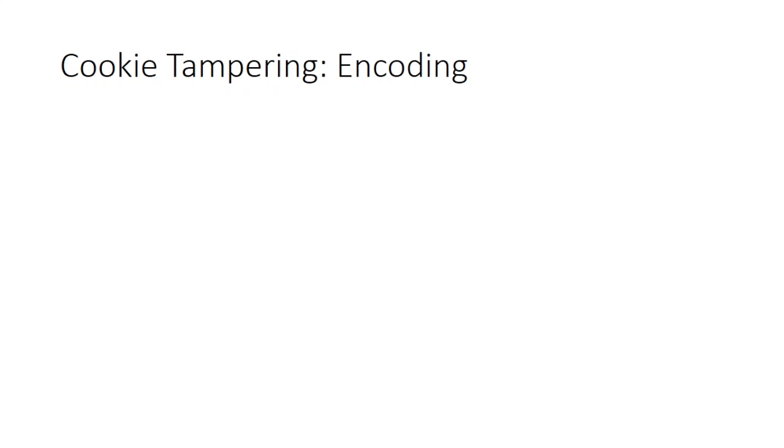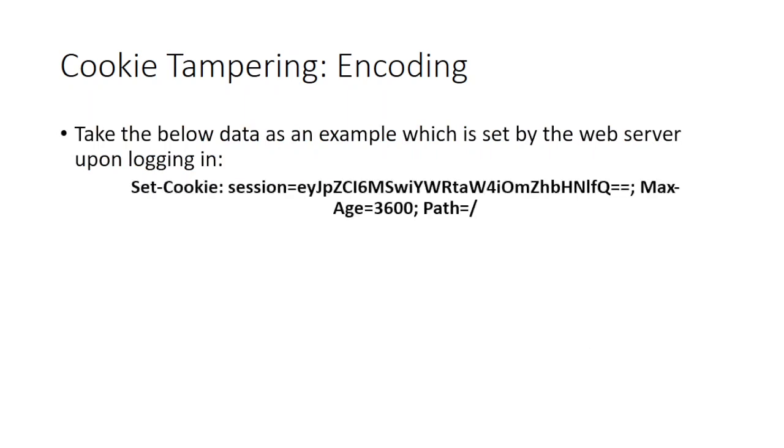For example, let's take this cookie, which is set by the web server upon logging in. It looks like it is encoded in Base64 because it has the equals padding, uppercase and lowercase letters, and numbers.